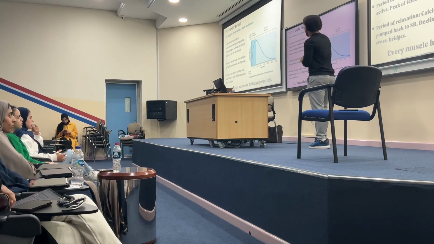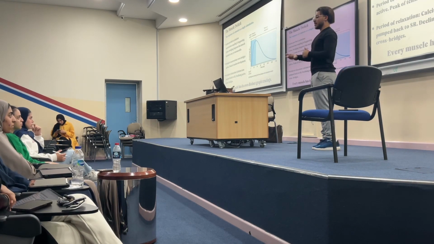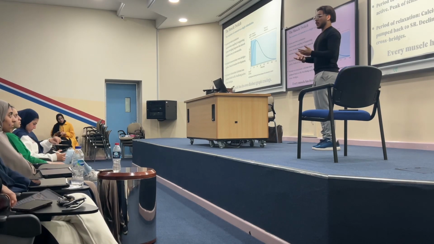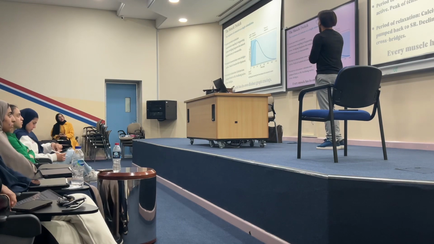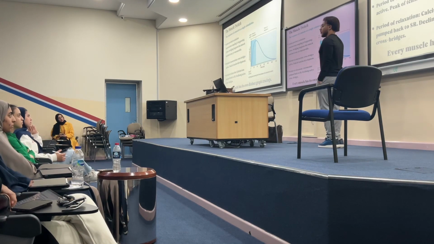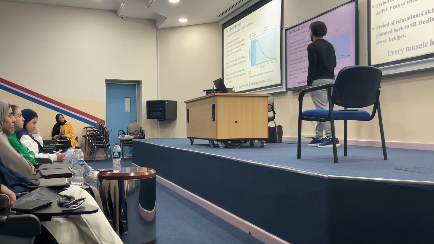So, the muscle twitch, this is what scientists use to study the muscles in the labs using a myogram. It is the response of a muscle to a single stimulation. This is what you get from a myogram. This is the curve. You need to know that this curve is specific for each muscle. Each muscle has a specific curve that is different in a few ways. We'll explain that.